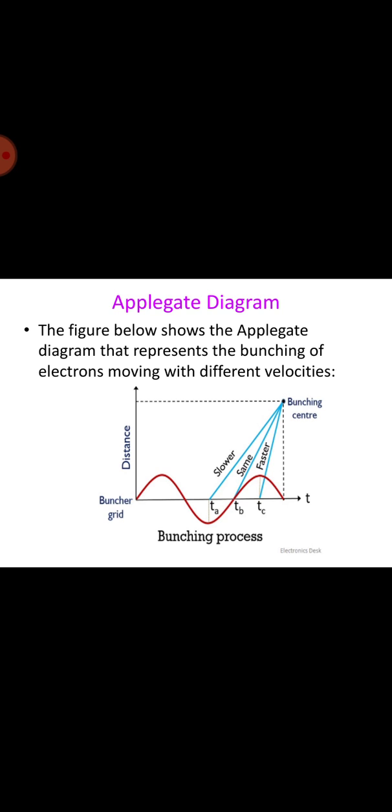Eventually, the current passes the catcher gap in quite pronounced bunches, and therefore it varies cyclically with time, and this variation in current density enables the klystron to have a significant gain. The applied diagram shows that bunching can occur only once per cycle, centering at the reference electron, and the limits of bunching are also shown.